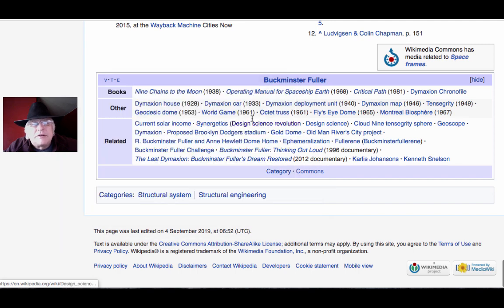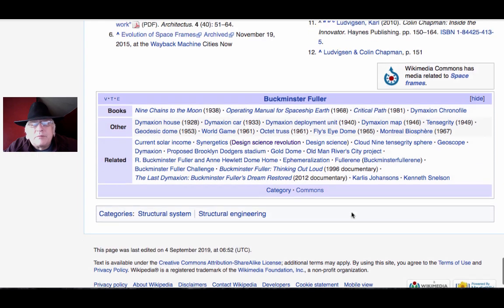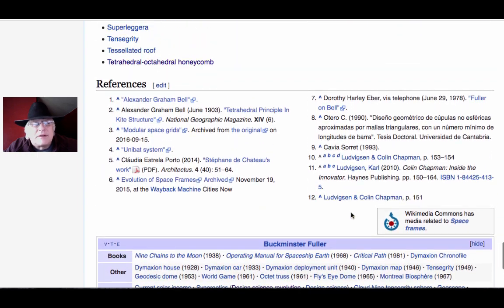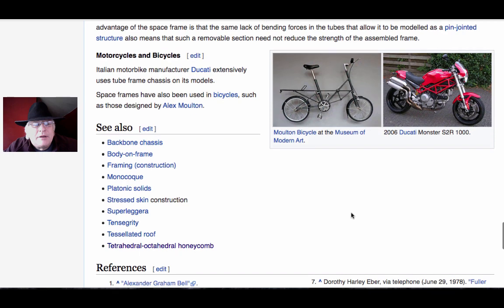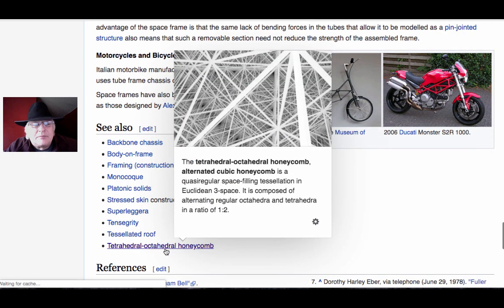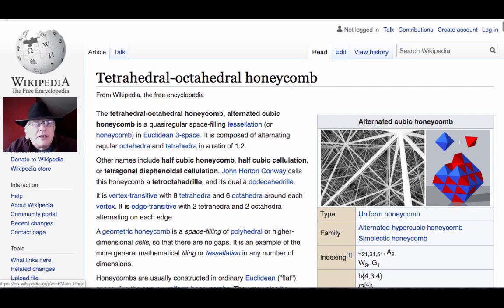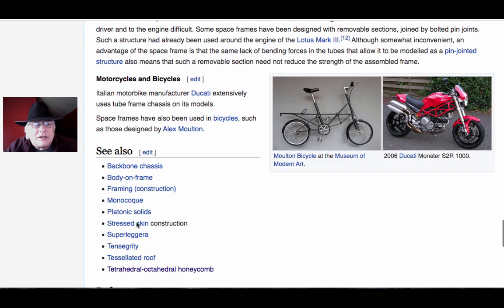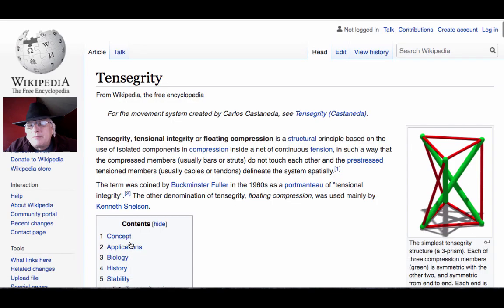So from here, we can jump straight to synergetics. It all works pretty well here in Wikipedia. I'd say we are successfully merged. Tessellated octahedral honeycomb. Take that somewhere, drive on the Tensegrity Highway to get somewhere else interesting, and you're going to find out a lot about a lot of things pretty quickly.